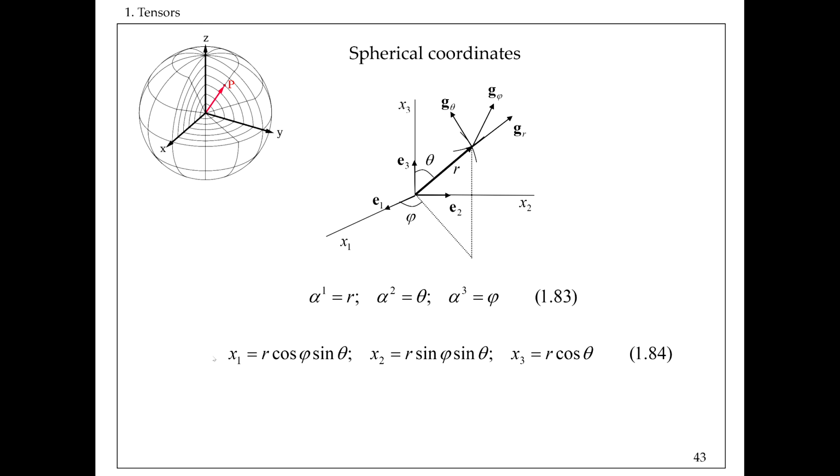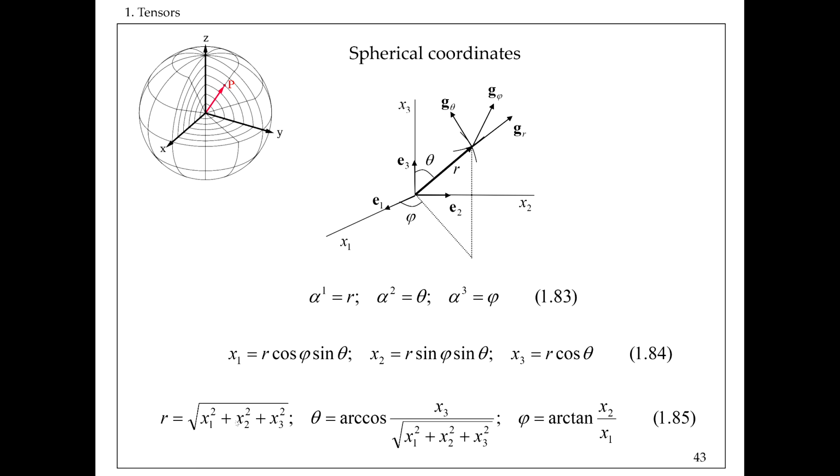Now we would like to have the inverse relationship, to calculate the dependence of r, phi and theta with respect to our Cartesian components x1, x2, x3. We can write that partially on a geometrical basis. Obviously the radius is just the square root of the sum of the squares of the components.